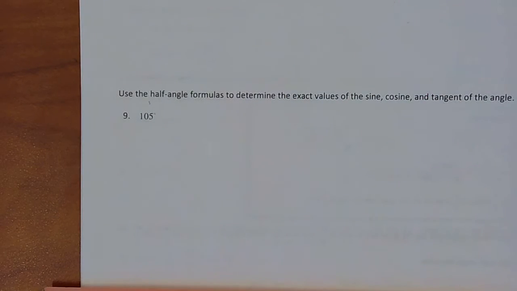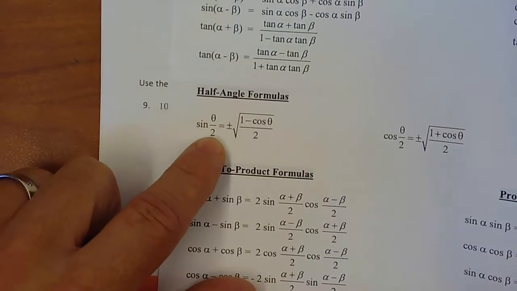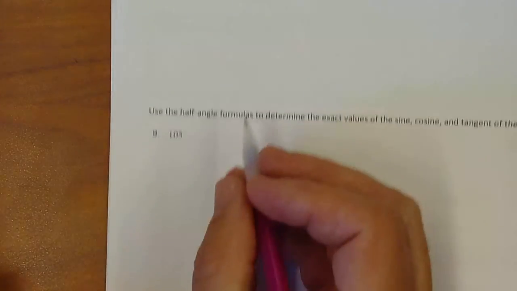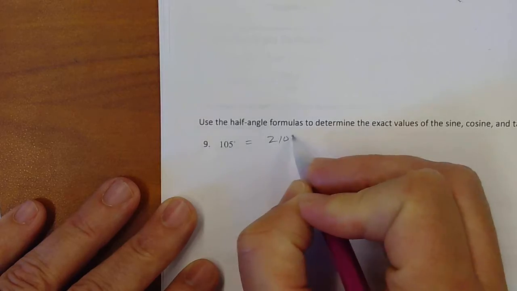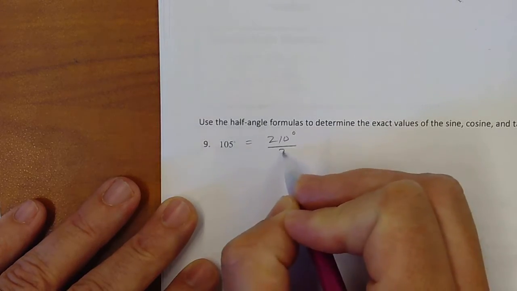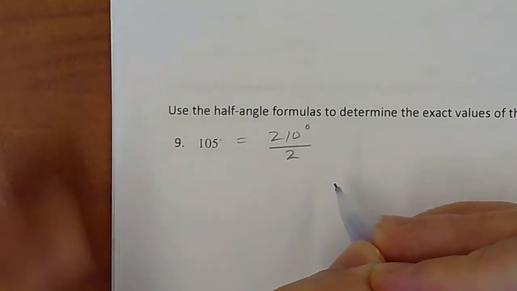All right, so what we want to do is write that as an angle over 2. Okay, we want to write 105 as an angle divided by 2. All right, so in order to do that, to keep the value the same, we double it. So 210 degrees divided by 2 is still 105.